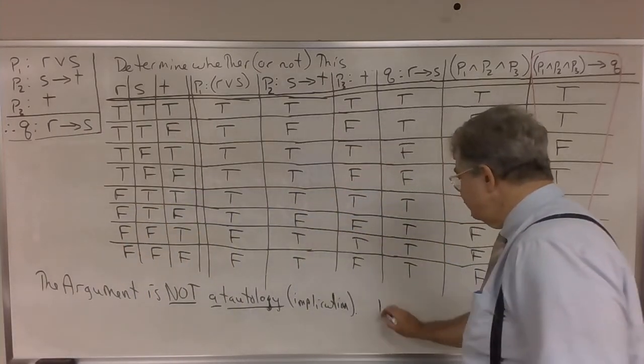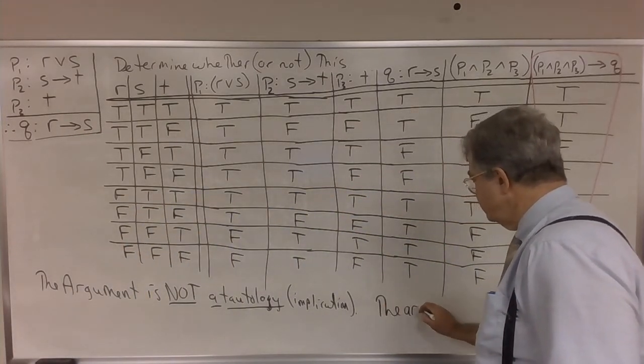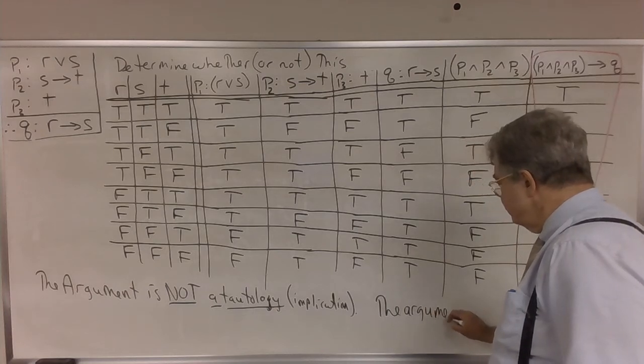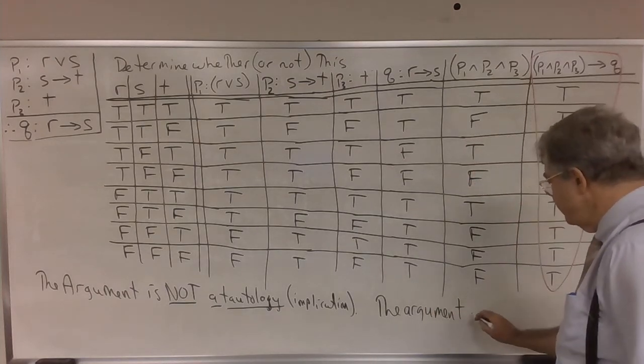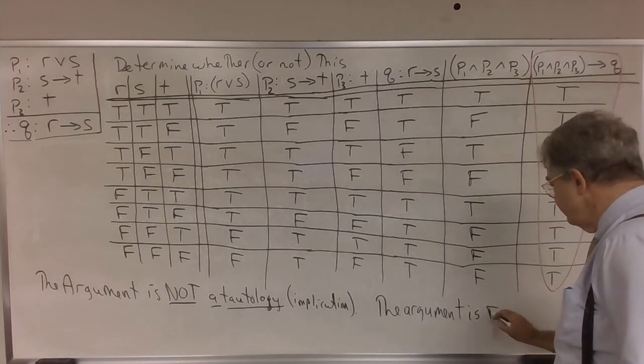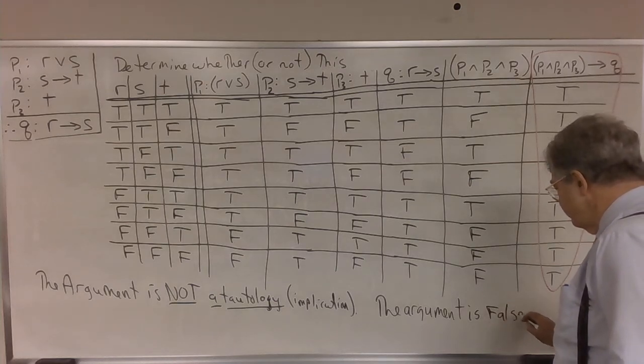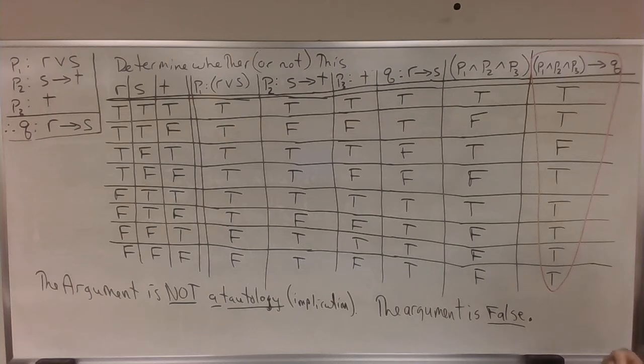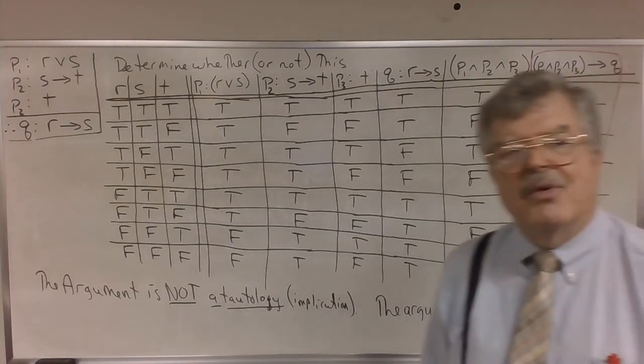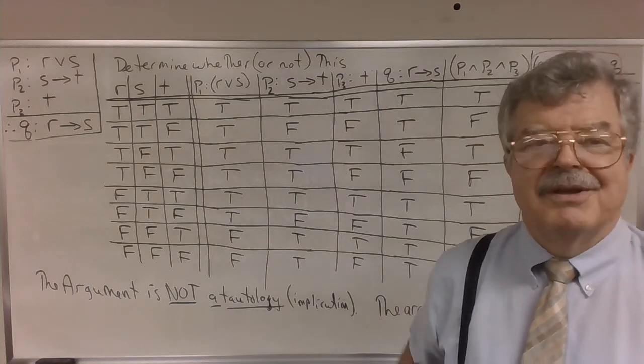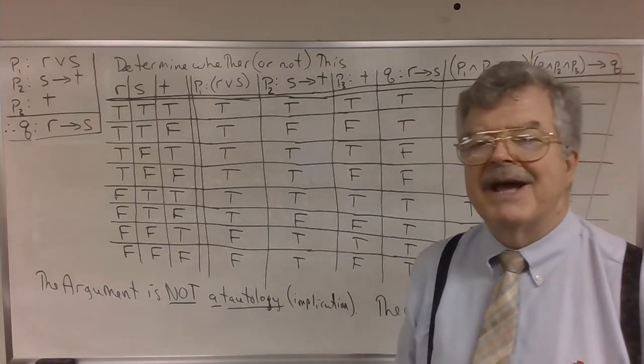So the argument is false. Well, that was a rather nasty example, wasn't it? But if we get a few more of these under our belts, we will become quite good at it.